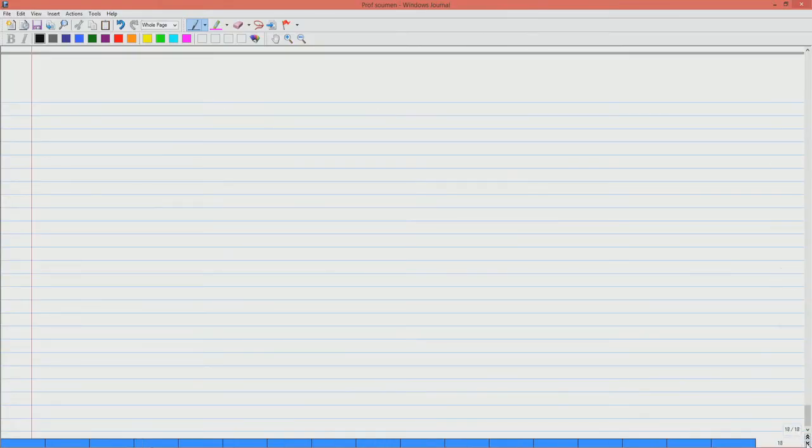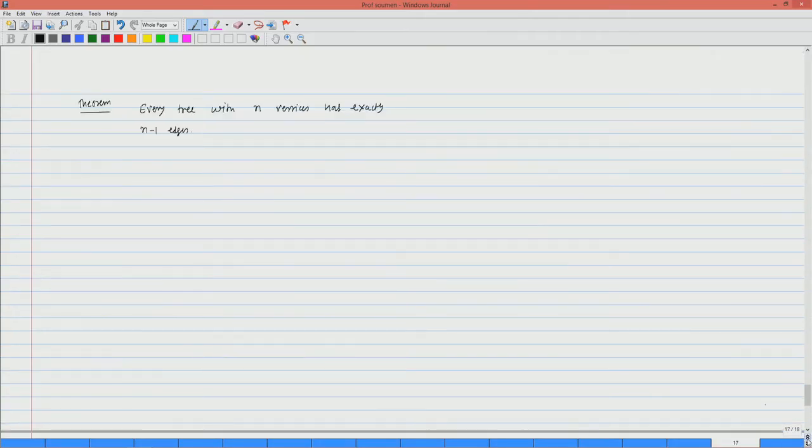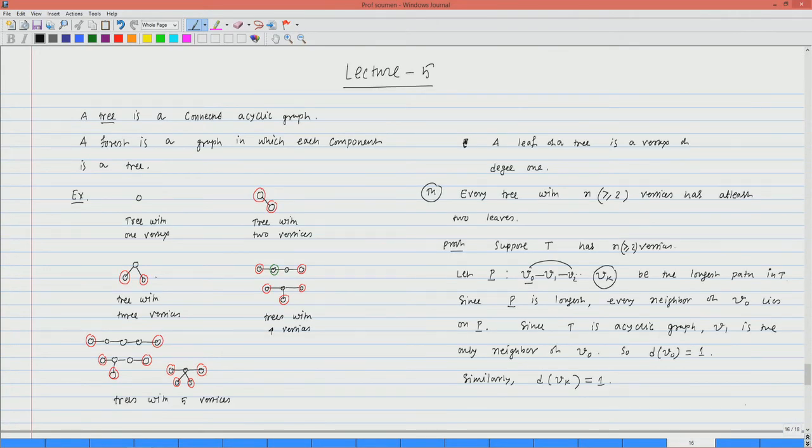Let me just illustrate this using the example that we have in the previous page. Here you can see that this is a tree with 5 vertices. So, n equal to 5 here, and E denotes the number of edges.